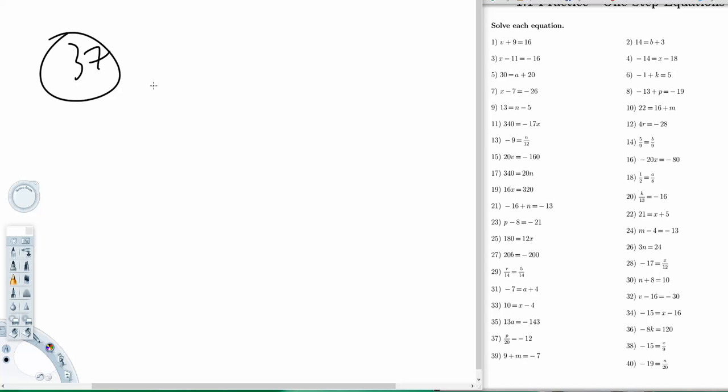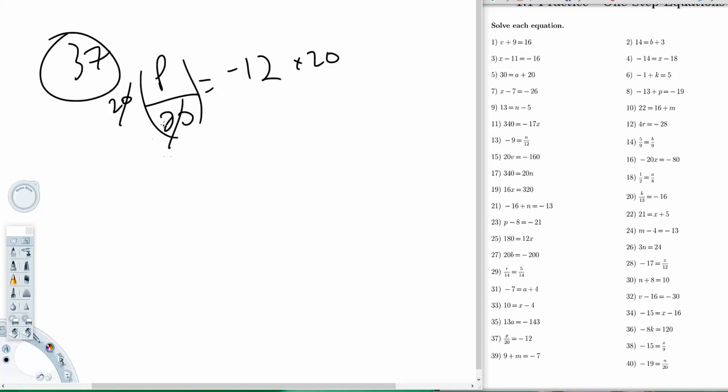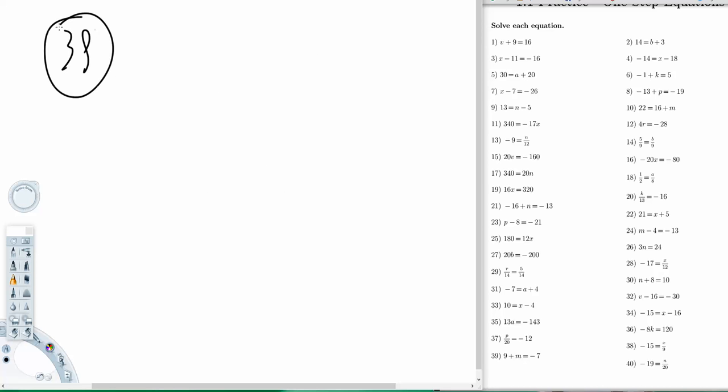Number 37. P over 20 equals negative 12. So anything divided by something, if you multiply by that amount, you're going to be just fine. So 20 divided by 20 equals 1. So P equals negative 12 times 20, which is really minus 240. 38.